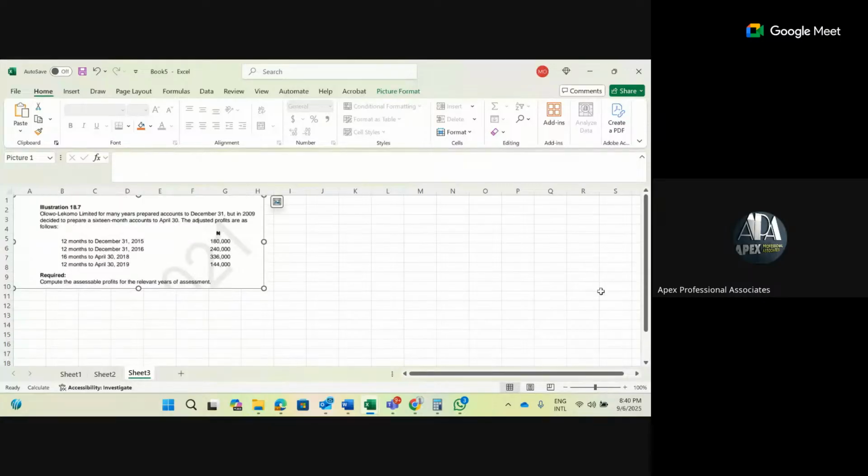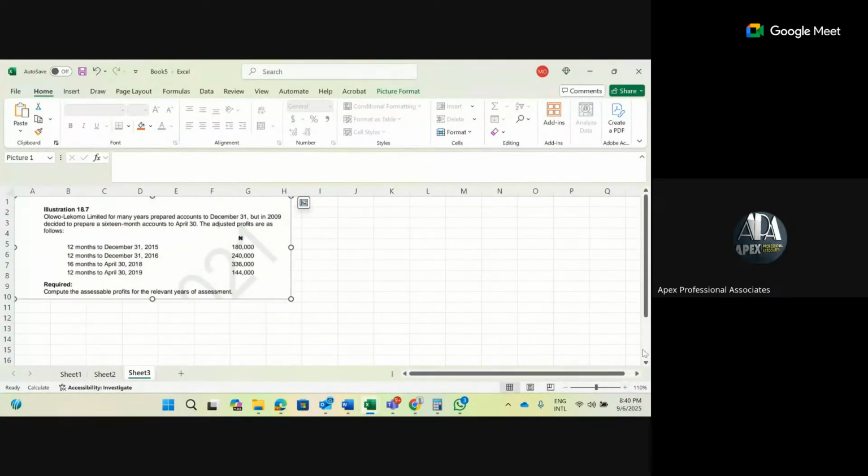The understanding of the rules is very important for you to be able to determine the year of assessment, the basis period, and the relevant things that you need to do.